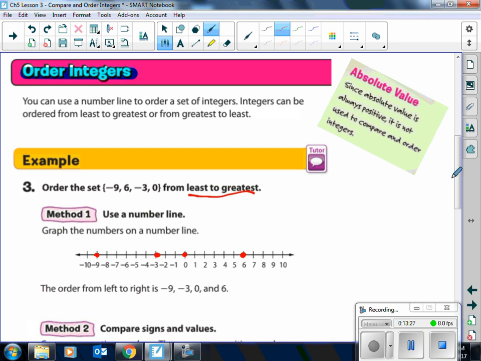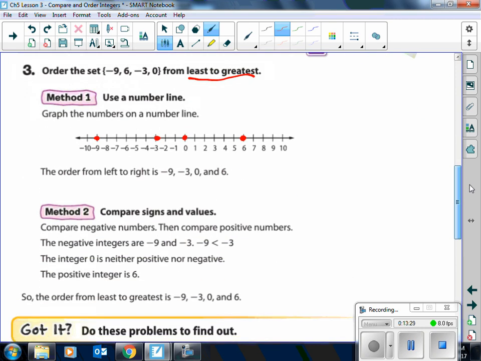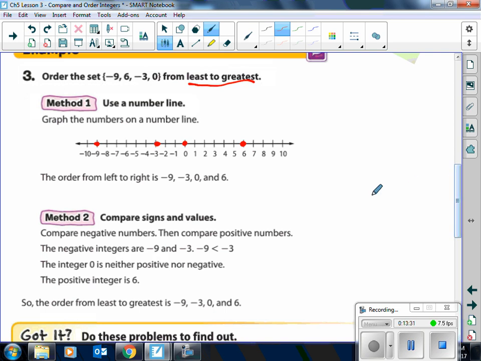Okay? Now, another way you can look at this is you can just say, okay, well, we know that the negatives are less than the positives, right? So we can just compare the negatives. There's a -9 and a -3.